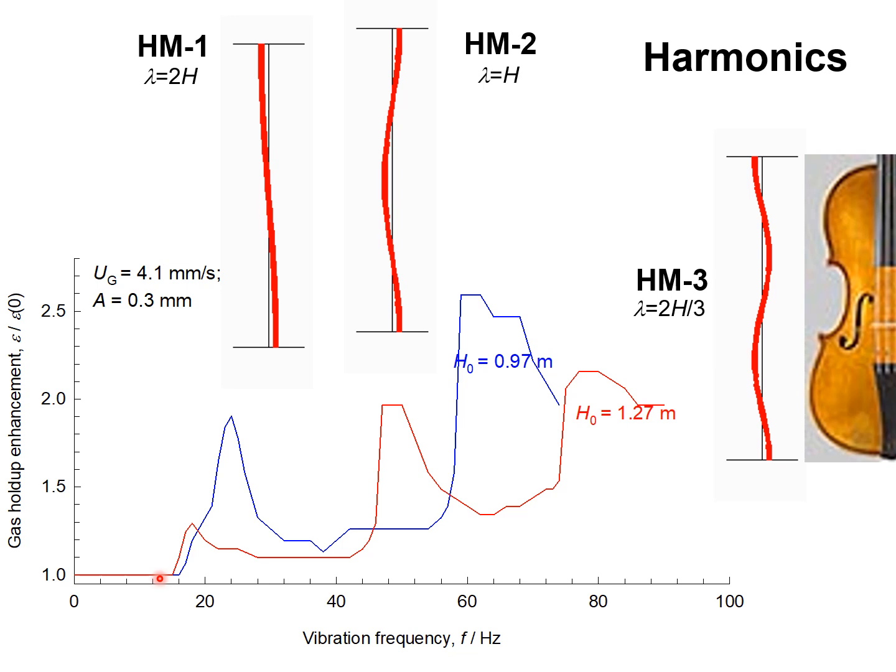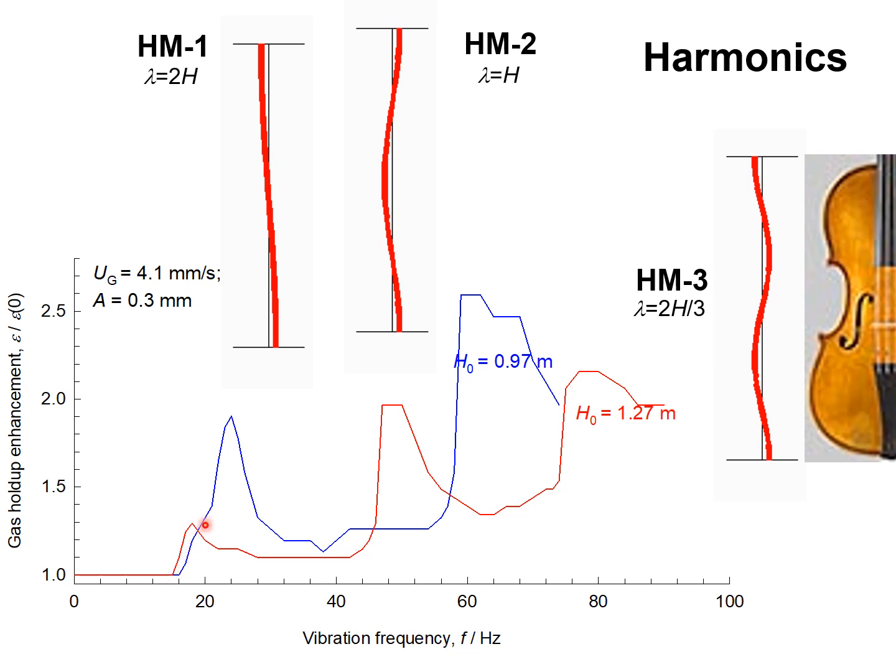The enhancement is calculated as the gas holdup when the column is vibrated at a certain frequency, and the vibration frequency is plotted on the x-axis.